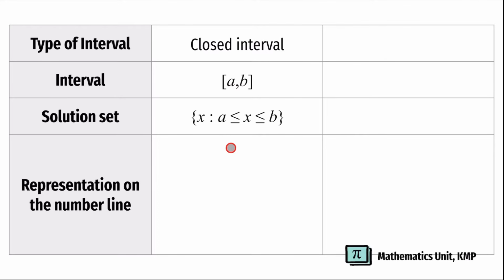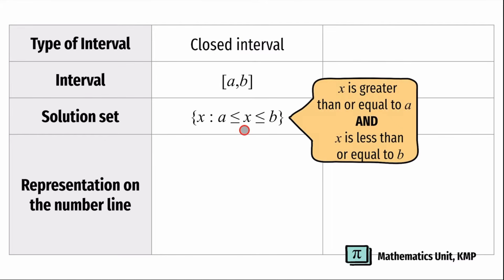For the solution set, we write pretty much the same as interval notation, with just a few changes. We use an open curly bracket, x, a colon, another x in the middle of a and b, and a close curly bracket. We read it as x is such that x is greater than or equals to a and x is less than or equals to b.